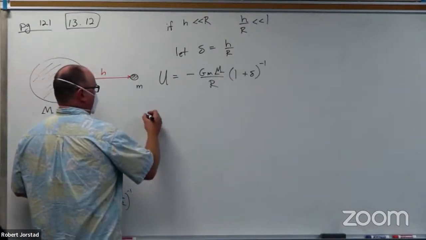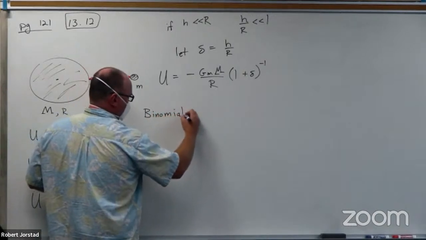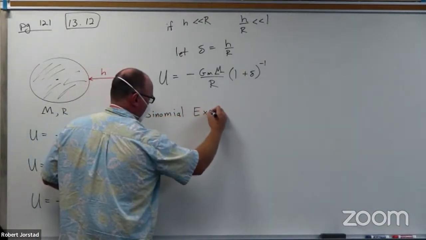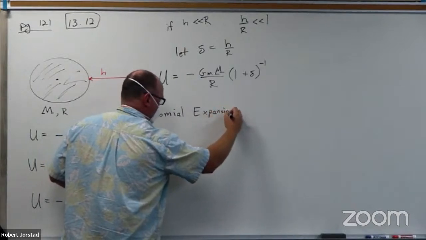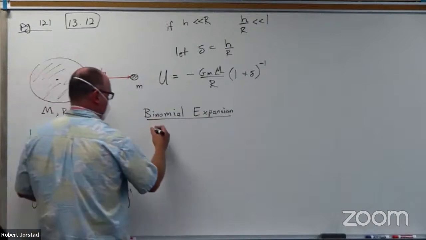Okay? There's a thing in every physics textbook called the binomial expansion. The binomial expansion looks like this.